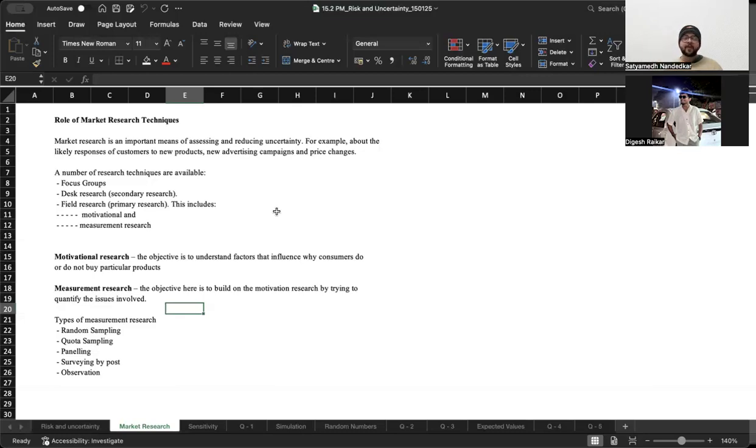Going door to door, standing at the local station, standing in a restaurant and asking people for their 2 minutes and asking questions which will help you answer your survey, or sending out Google Forms these days. That is field study, or that is primary research. Desk research is secondary research. Somebody else did the primary research, somebody else conducted the survey, what did you do? You use that information and now you are breaking it down, you are analyzing it further for better understanding.